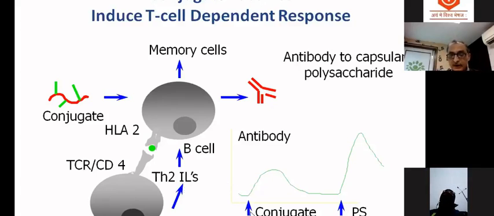So this is the immune response if we give a conjugate vaccine. But if you boost it after say 8 weeks or 12 weeks with the polysaccharide antigen, this is true for a typhoid vaccine, it will evoke a very good immunogenic response.